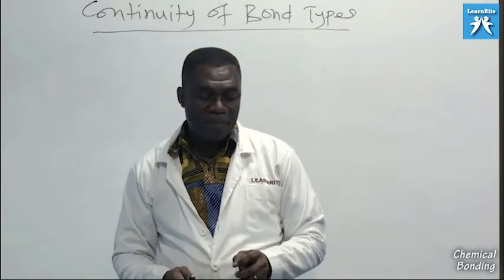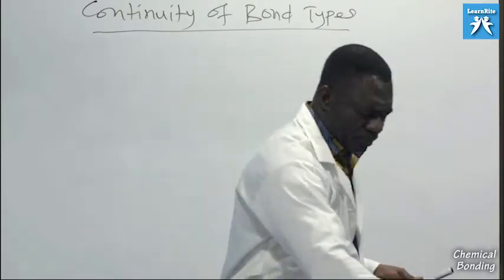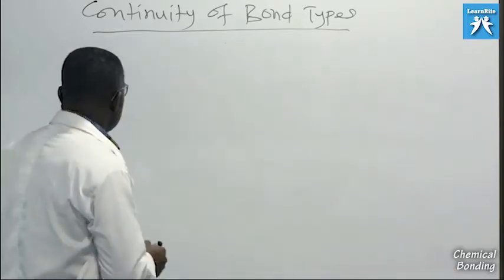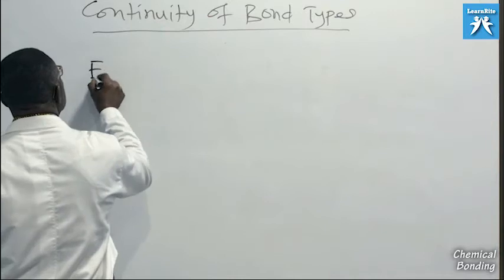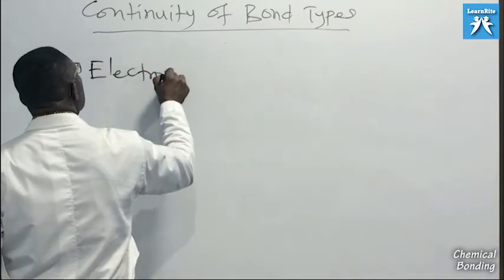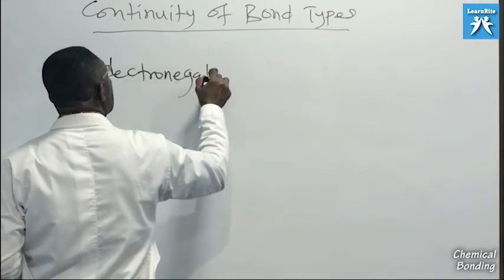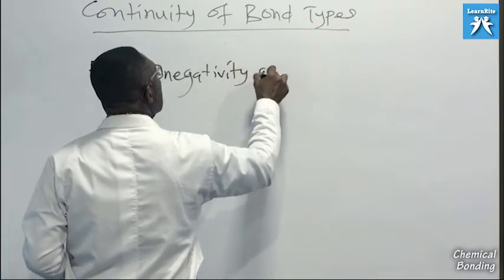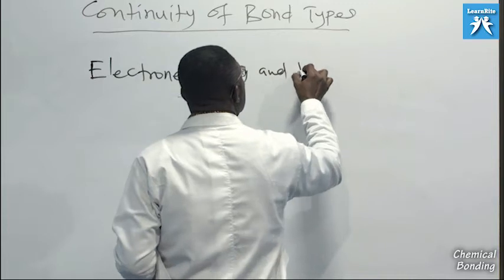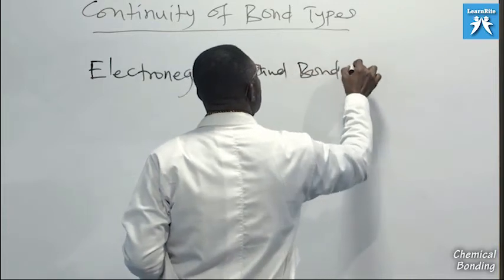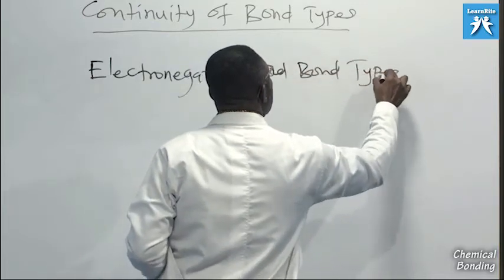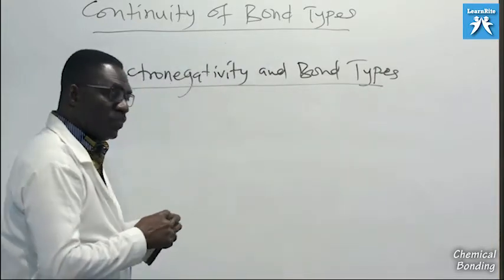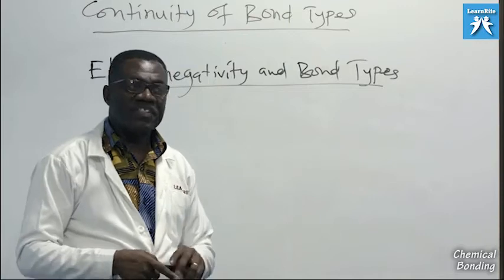A covalent compound. So we have a subtitle called electronegativity and bond types. This is what chemists have established.